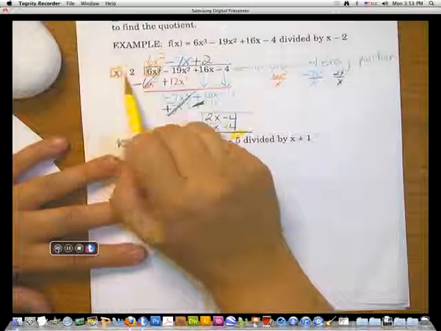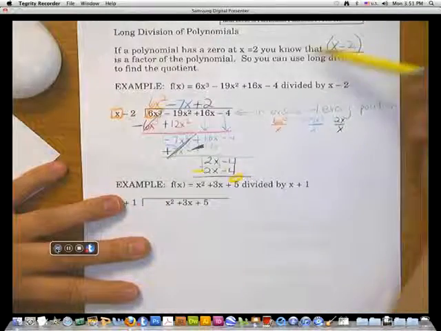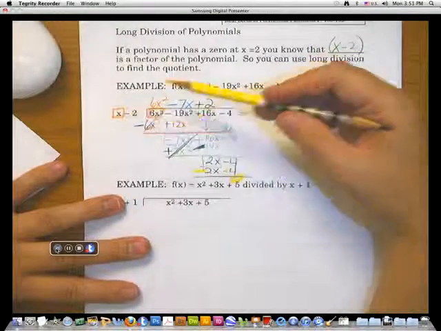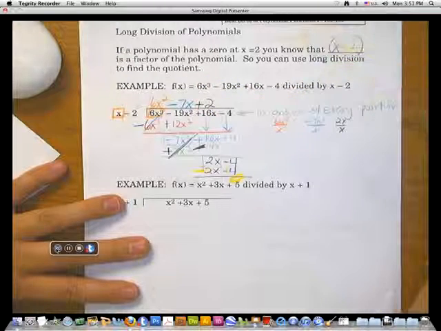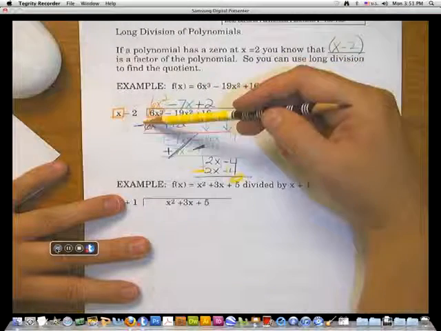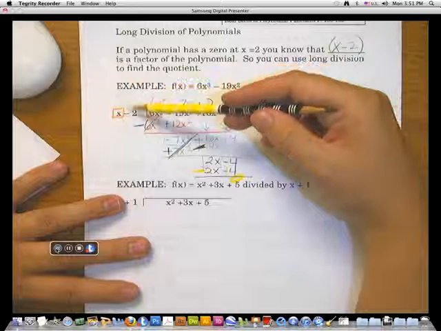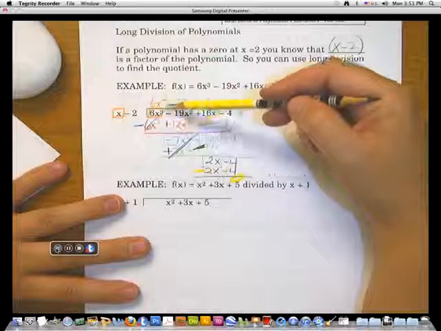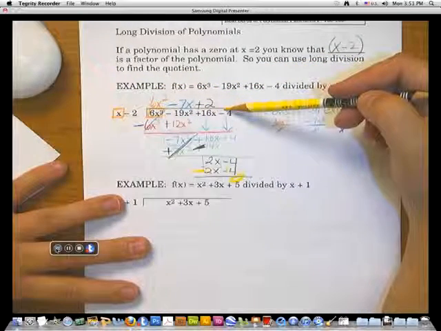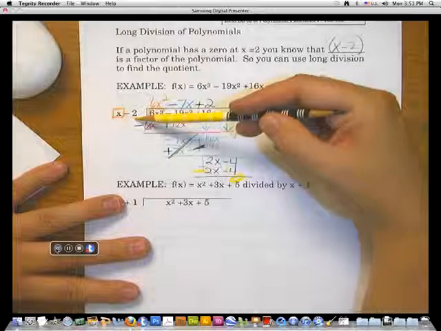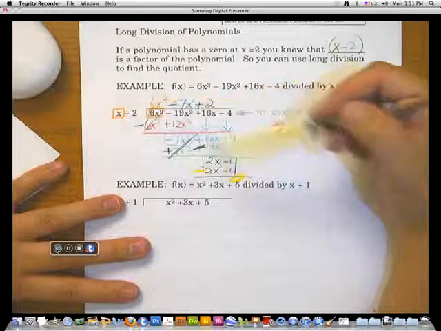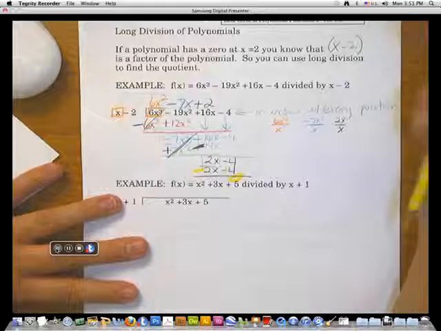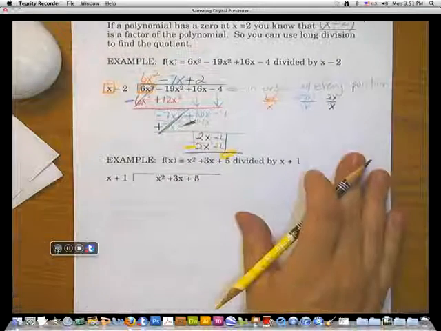This was a factor, because we told it to you. If something is a factor, it goes in evenly, no remainder. Same thing happens with polynomials. If it's a factor, it will divide in evenly with no remainders. So x minus 2 is a factor. 6x squared minus 7x plus 2 is another factor.